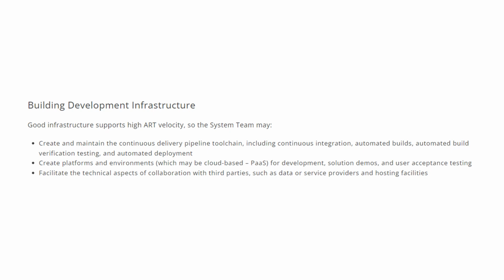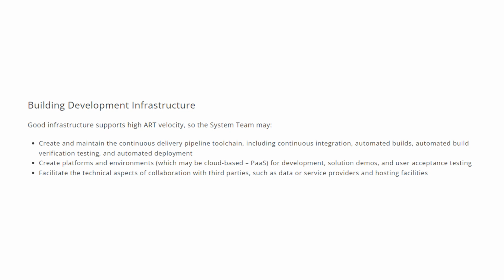So the system team may create and maintain the continuous delivery pipeline toolchain, including continuous integration, automated builds, automated build verification testing, and automated deployment. It's about building a CI/CD platform, either using Jenkins or any other, GoCD, or whatever technology or platform you want to use.